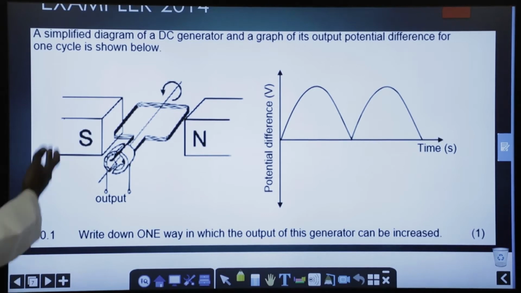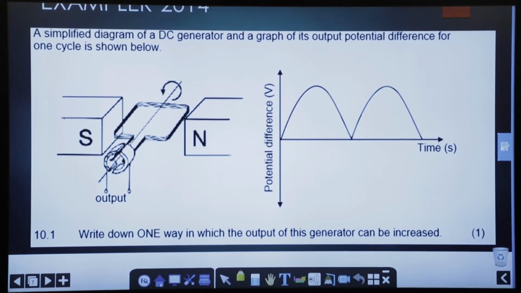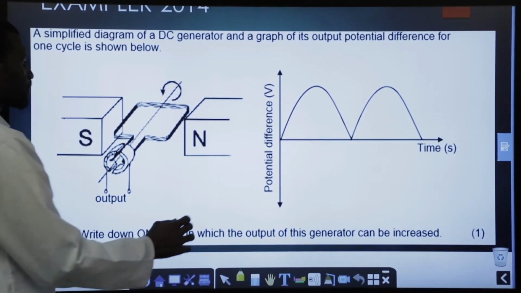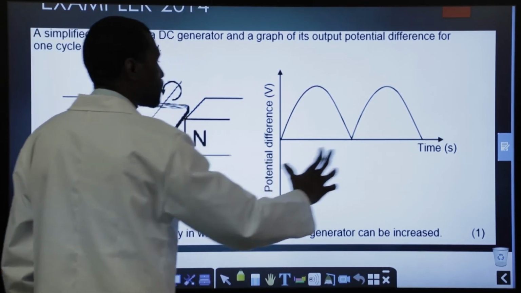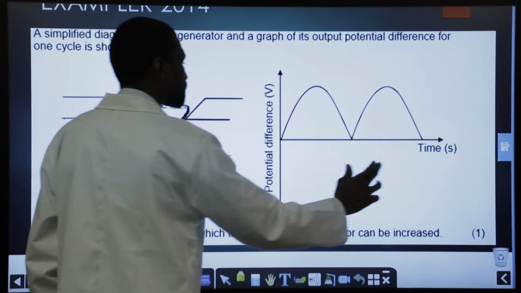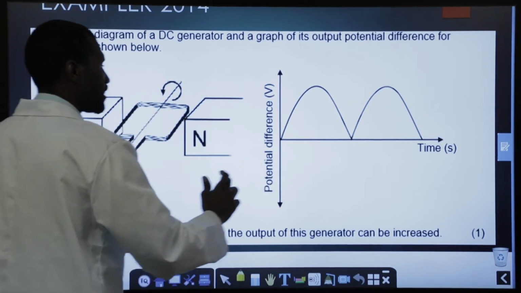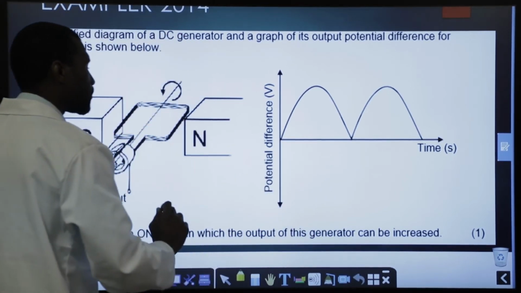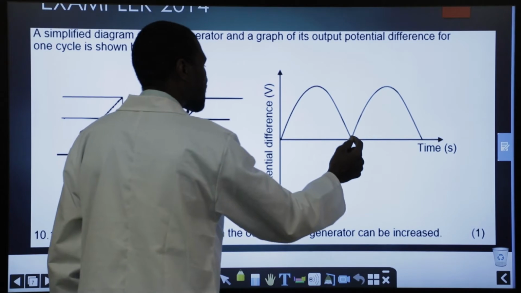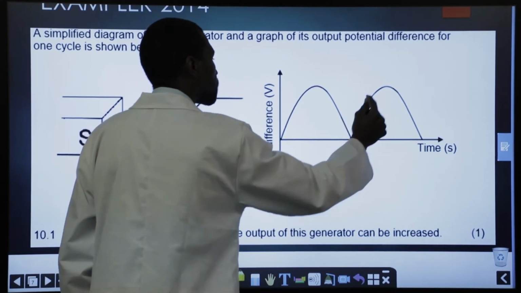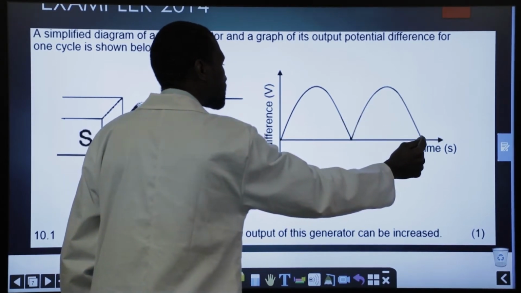All right, a simplified diagram of a DC generator. This is from the exemplar 2014, and a graph of its output potential difference for one cycle is shown. So basically, if you have a DC, one thing that you must know is direct current does not change in direction. In other words, while we are producing direct current, it gets to zero and goes back up again in the positive.